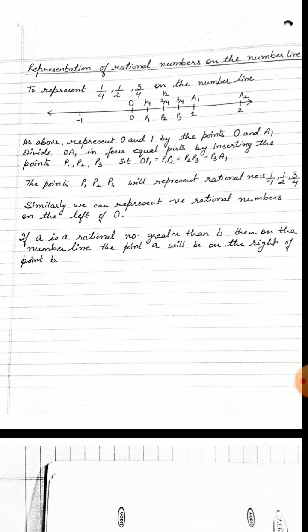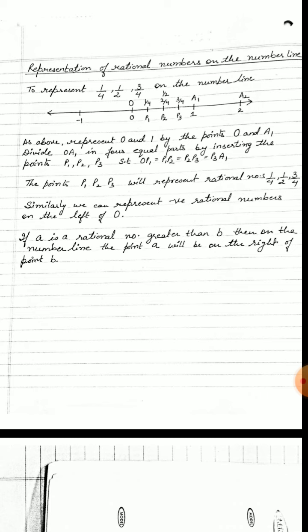As above represents 0 and 1, in the above number line, you can see that I have represented 0 by O and 1 by A1. Divide OA1 in 4 equal parts by inserting the points P1, P2, P3 such that OP1 is equal to P1P2, which is equal to P2P3, which is equal to P3A1.